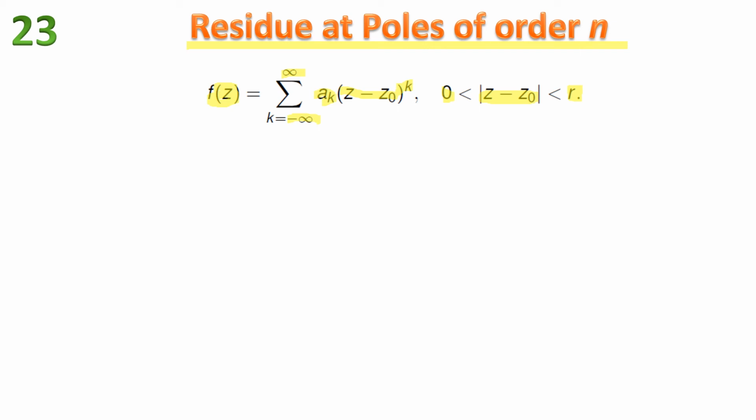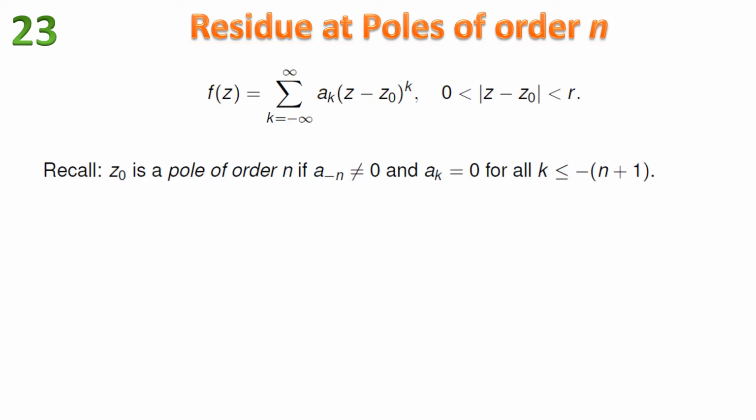So we are considering a disk at z0 of radius r, and we are considering the annulus less than r and other than 0. Now the function f has a pole of order n at z0 if a minus n is not equal to 0.